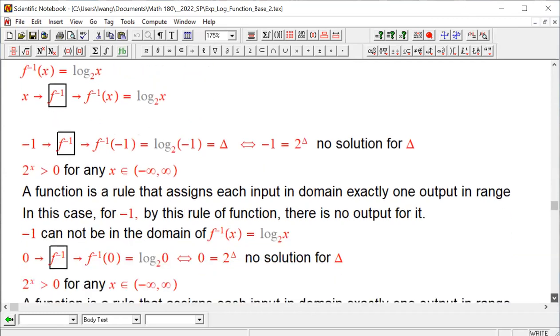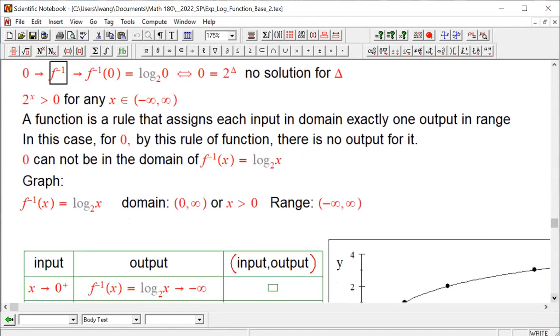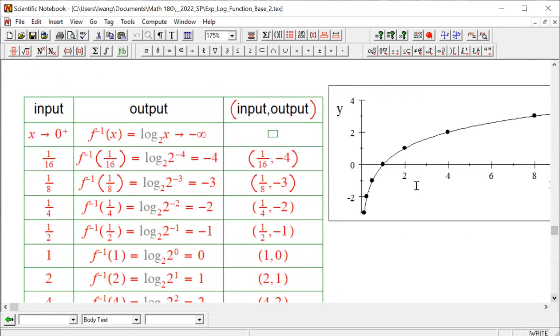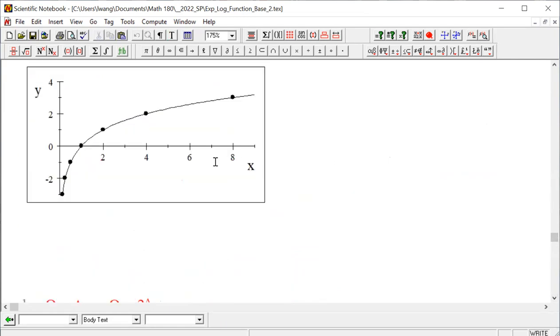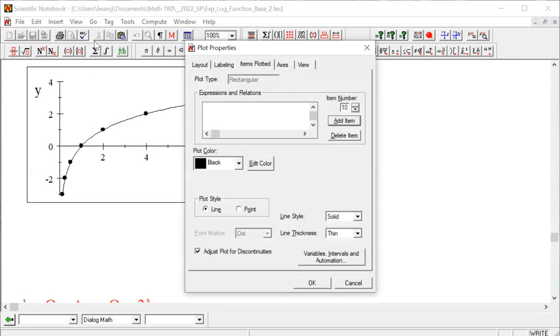Let's see if they are. We got the graph for log base 2, right? And next, let's graph the other function, 2 to the power of x. We put them in the same picture and make it red.